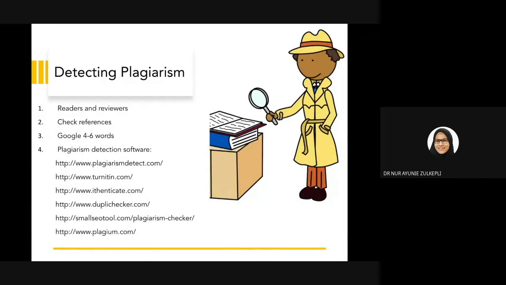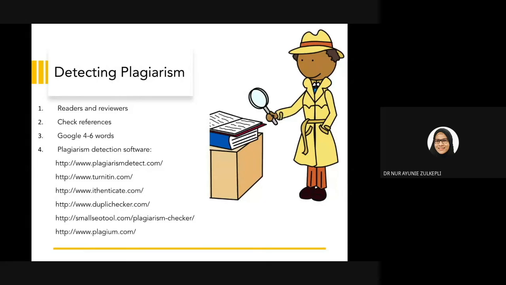For plagiarism, for undergraduate students, for your FYP, you need to understand that we reviewers or supervisors are not so strict about the novelty of your research, to avoid misconduct. But at least if you can do a slight modification of your research and your literature review as well, it is fine for us.